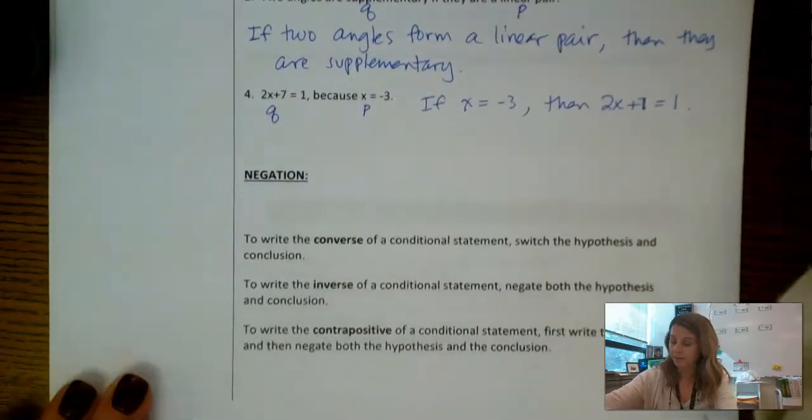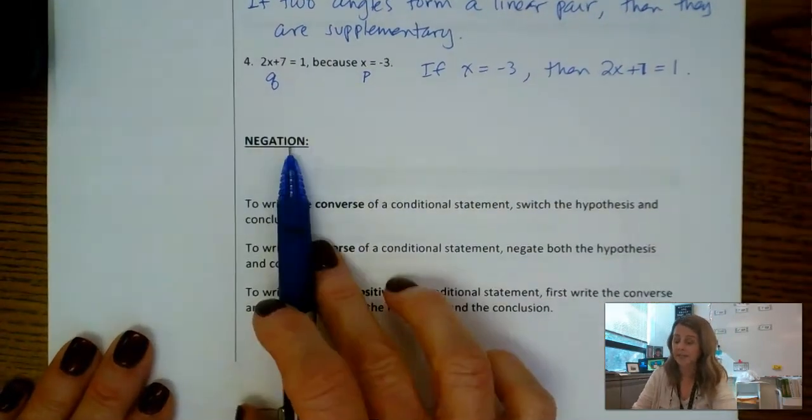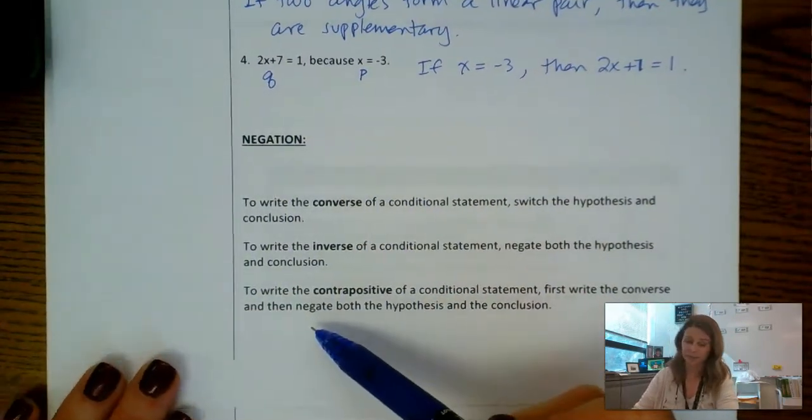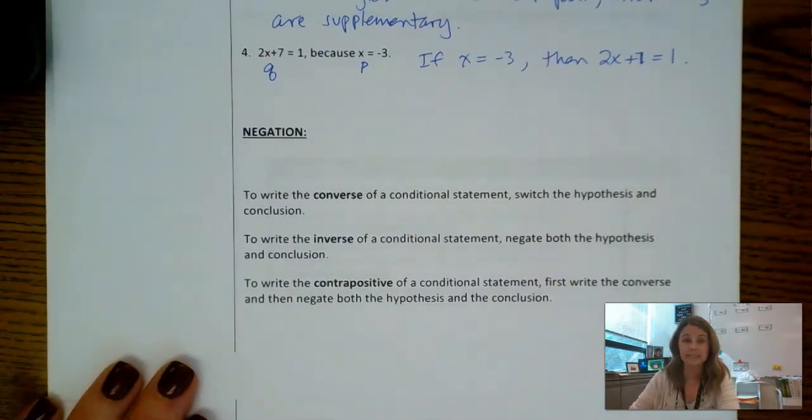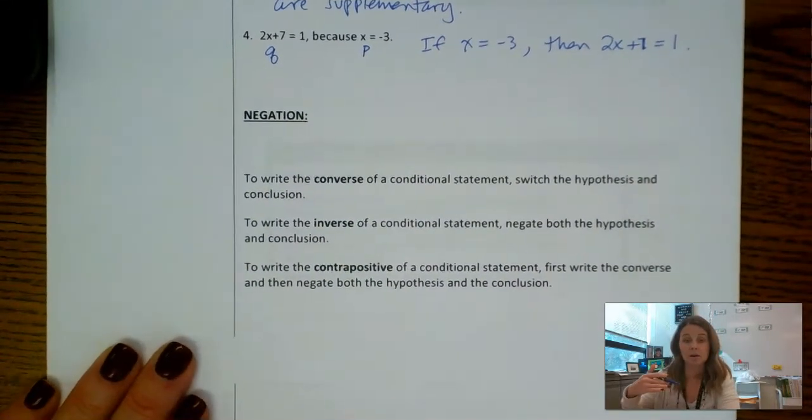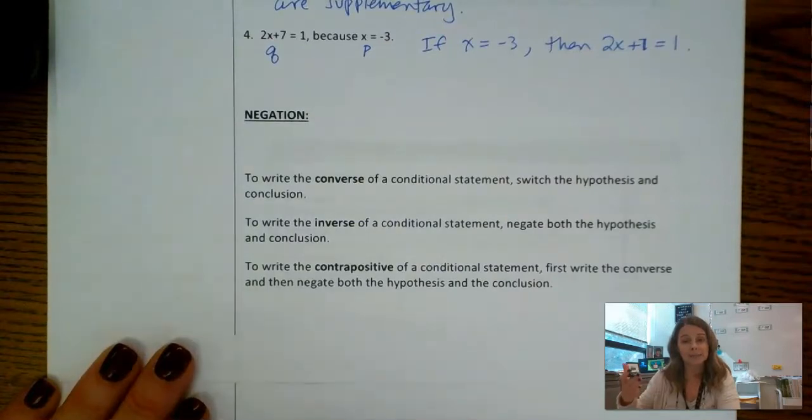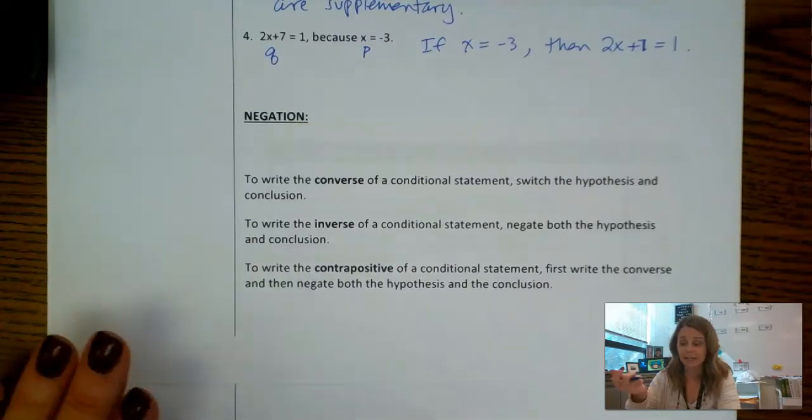Okay, let's move on. Let's define negation, and then I want to talk about the bottom here. So when we negate something, think about making it negative, and so number-wise, you're giving it that opposite sign. So that's exactly what we can do with sentences. We can write the exact opposite sentence if we're negating a thought.